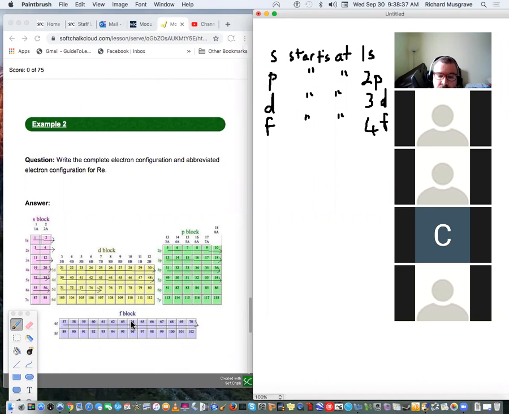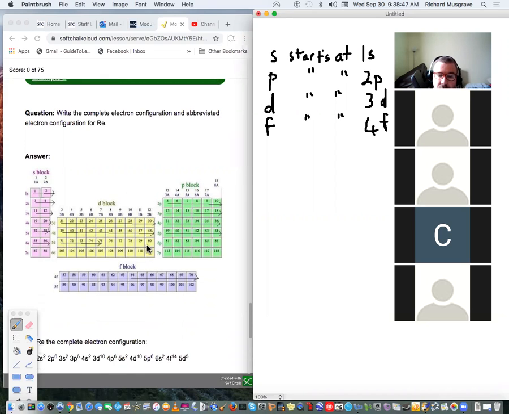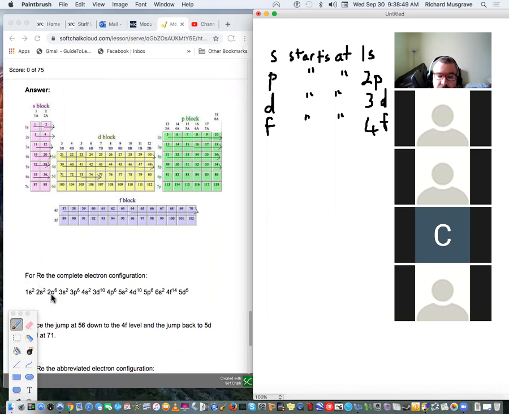That'd be 4f14, and 14 because there's 14 columns in the f block. And then we go up here to the 5d, and this will be 5d5. So the total electron configuration is as it's written right here, noticing, of course, that when we get down to the 6s, it jumps down to 4f14 and then up to 5d.